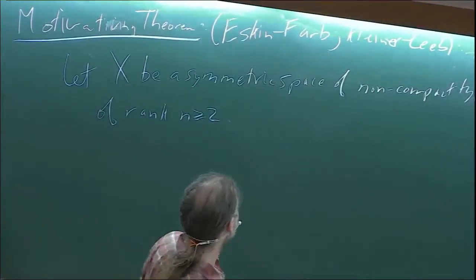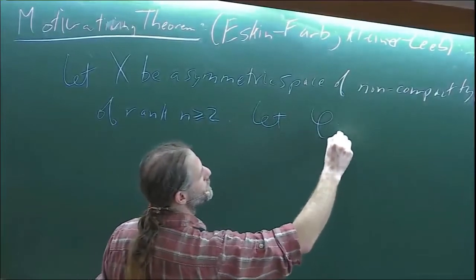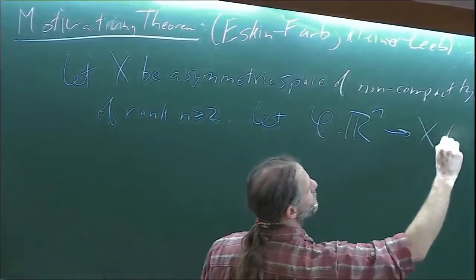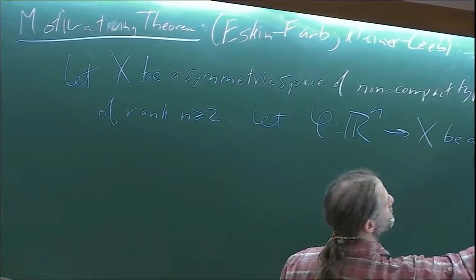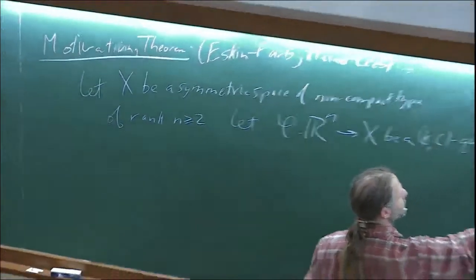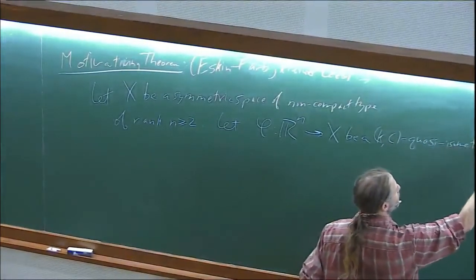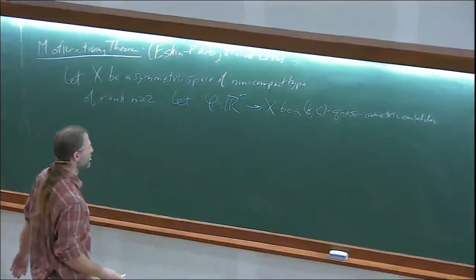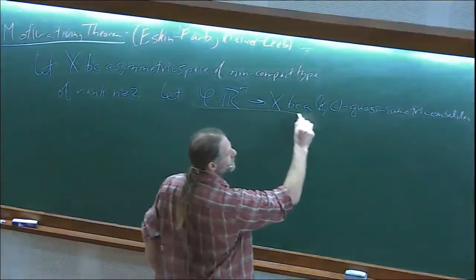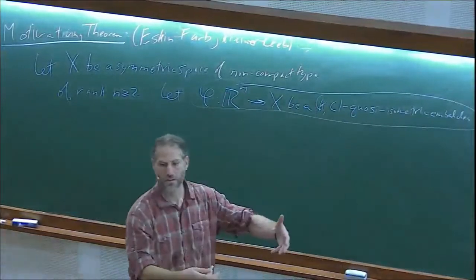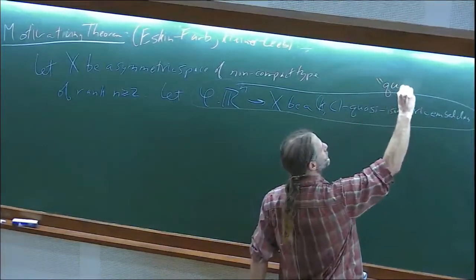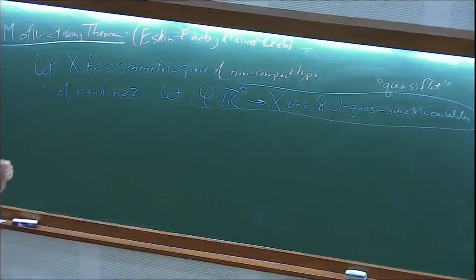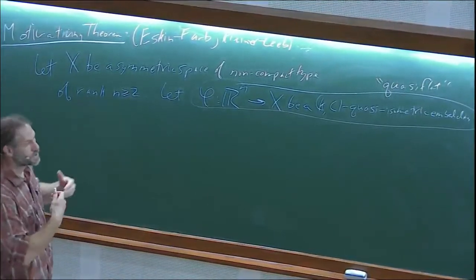Let phi be a (K, C) quasi-isometric embedding from R^n to X. Another word for a quasi-isometric embedding of R^n into your space is a quasi-flat. So let phi be some fixed quasi-flat into my space X.